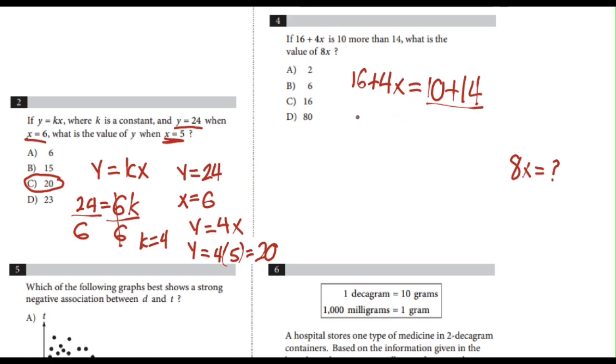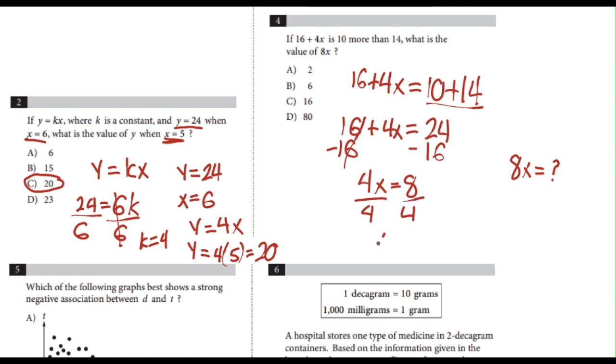First we can combine like terms. 10 plus 14 is going to be 24, and on the left side we have 16 plus 4x. To get x by itself, next we need to subtract 16. We'll have 4x equals 24 minus 16, which is 8. Then we can divide each side by 4, and we'll get that x equals 2.